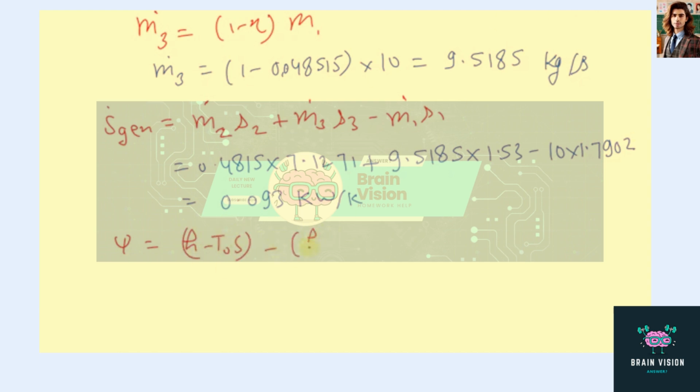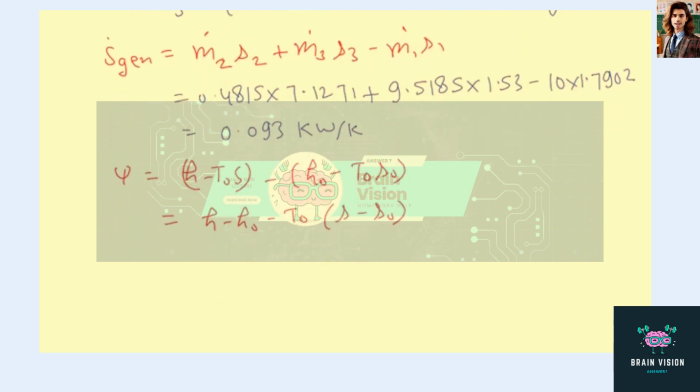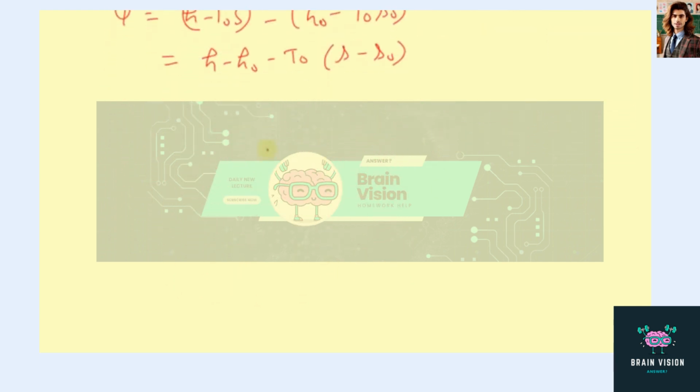Now we know that flow exergy psi is given by H minus T naught S minus H naught minus T naught S naught, and this will be equals to H minus H naught minus T naught into S minus S naught. Now for the flow exergy for state 1, we can write psi 1 is equals to H1 minus H naught minus T naught into S1 minus S naught.